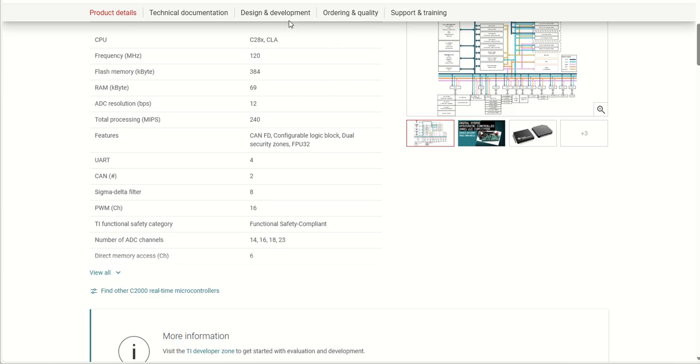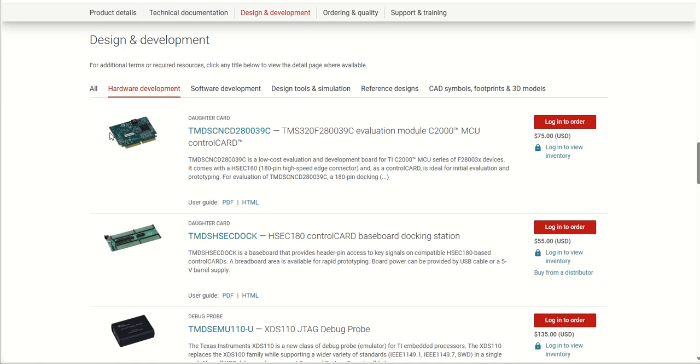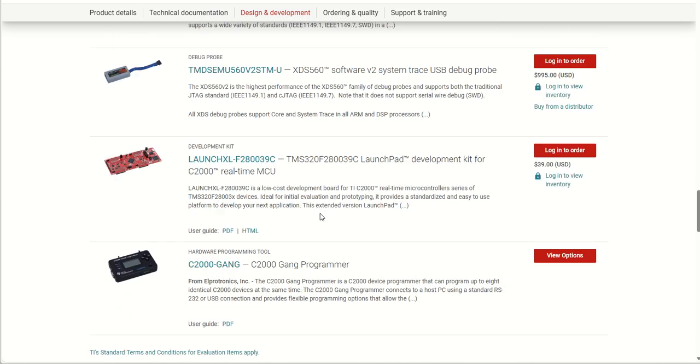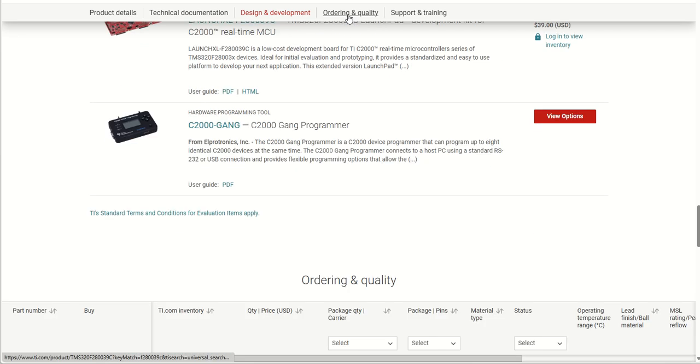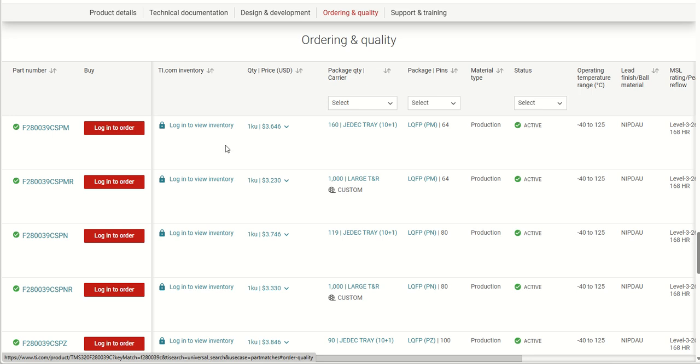If you want to design and develop, we have a hardware development board as well. You can see this board that we have been using for various application development, called the LaunchPad F280039C series. It costs around $40, so you can have a look at this board. If you want to order the components, you can get packages of 64 pin, 80 pin and 100 pin.